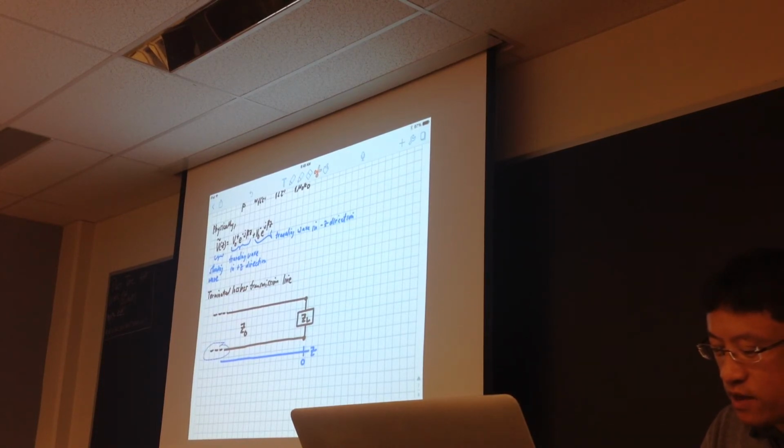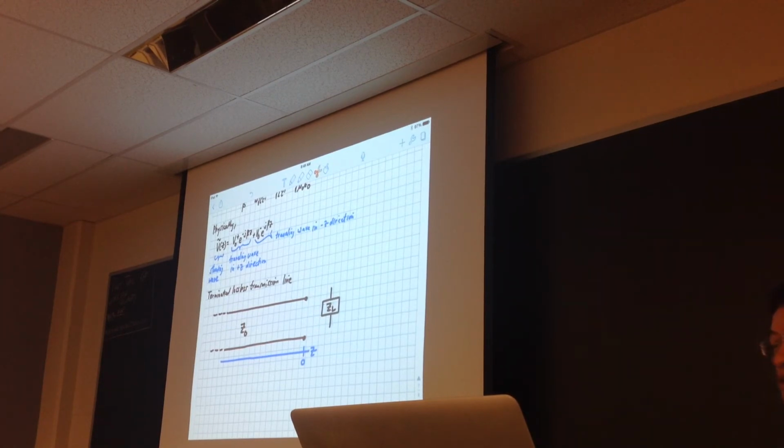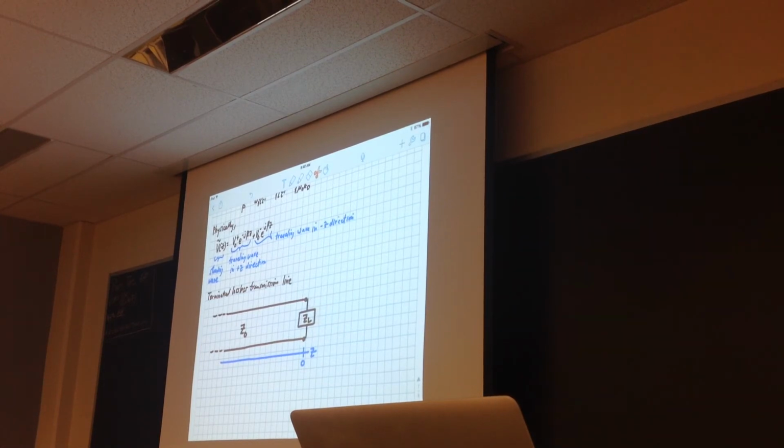And then we've got the transmission line itself, Z naught, and then we're going to bring in an impedance and terminate the transmission line with the load impedance here. Okay? And that load impedance can represent, for example, the input impedance of a receiver. So on one side, I have my signal coming in from my source of communication.